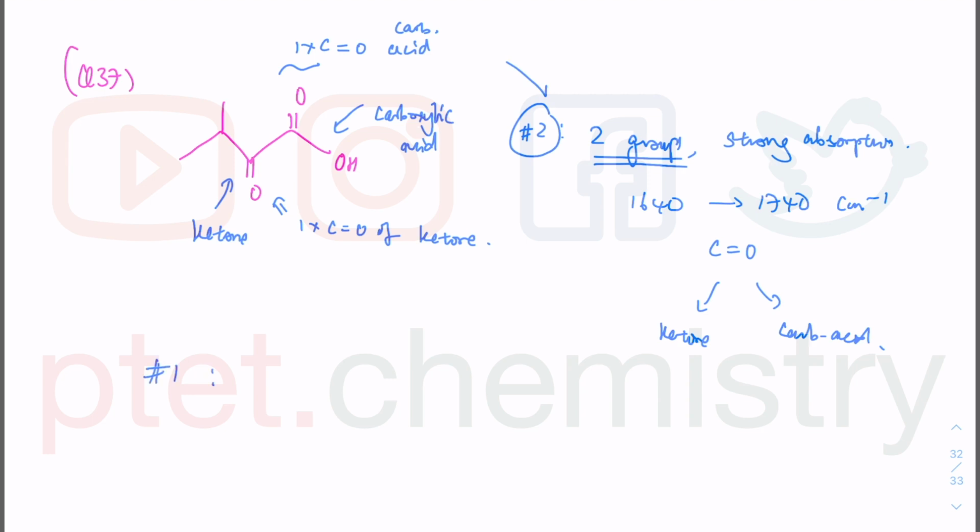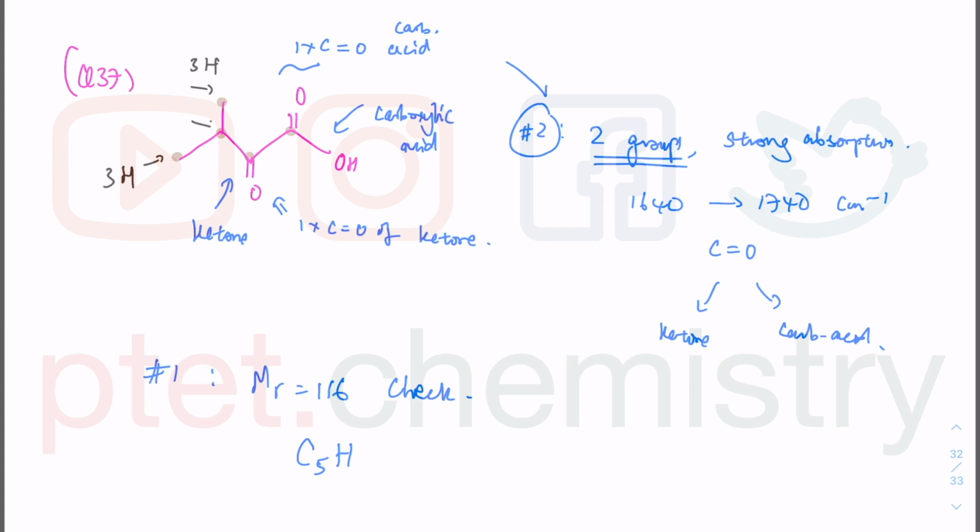If I look at option 1, it says Mr of 116. Let's check the molecular formula. So count the carbon, 1, 2, 3, 4, 5. So there are 5 carbons. Let's count the hydrogen. Carbon forms 4 bonds. So let's play this game. Carbon forms 4 bonds, you only show 1, so there's 3 hydrogen there. Same thing there, 3 hydrogen.